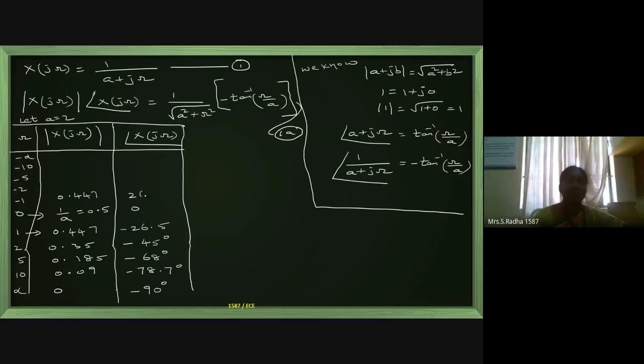Phase angle will be 26.5, and here magnitude is 0.35, 0.185, 0.09, and 0. Phase angle will be positive, opposite polarity: plus 45, plus 68, plus 78.7, plus 90 degrees. So these are the values from the tabular column.